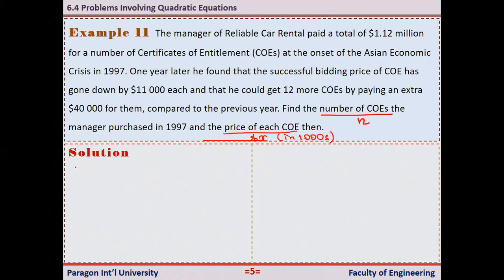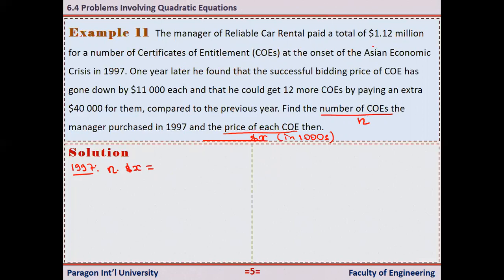So in 1997, he got N certificates of entitlement. We are looking for this N. N certificates he bought, and for each, he paid X dollars. The total amount cost $1.12 million.